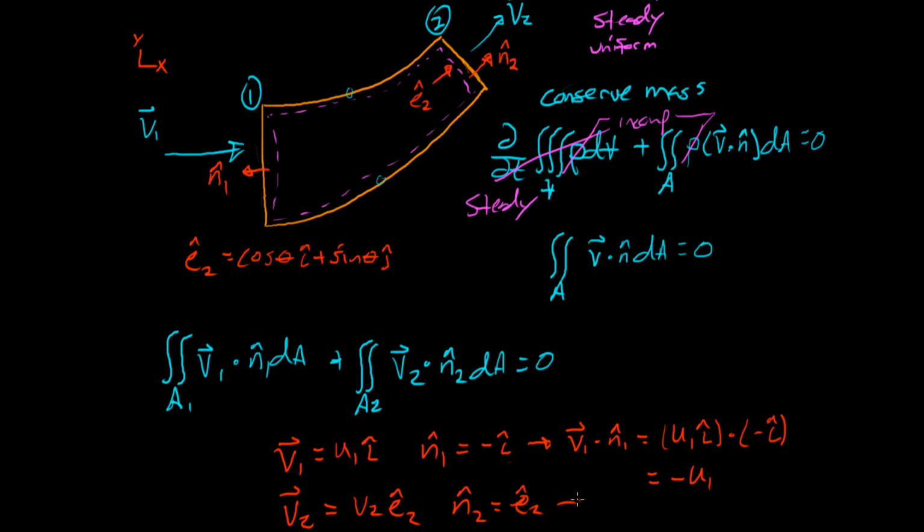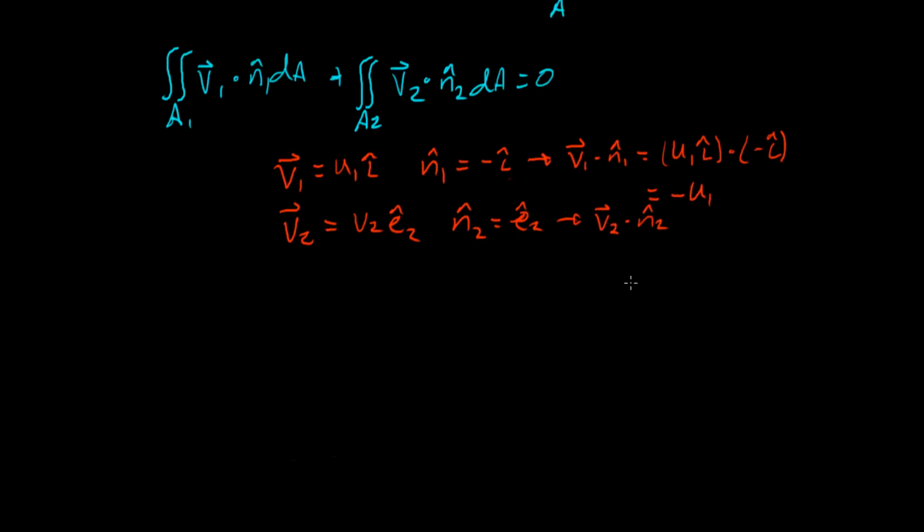And so what happens is the dot product saves us from actually having to do this trig, right? Because if we go v2 dotted with n2, making these substitutions, that's equal to magnitude v2 times e hat 2 dotted with e hat 2, and e hat dot e hat, that's just a 1, and so all this just becomes the magnitude v2.